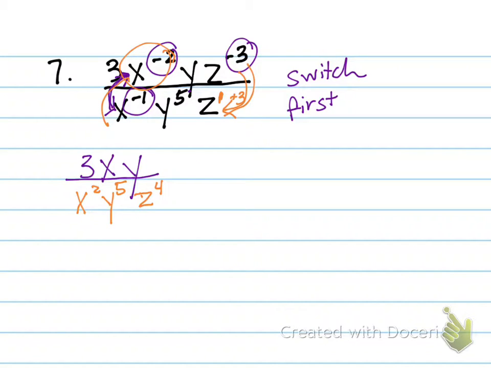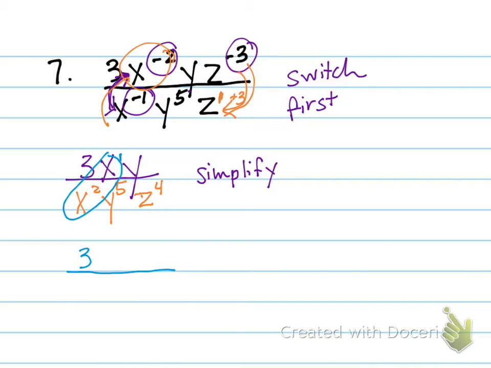The next step is I want to now simplify. So simplify, all that means is I want to reduce my x's and my y's. So I have x to the first over x squared, 1 divided by 2. So I'm going to rewrite this as 3x squared.